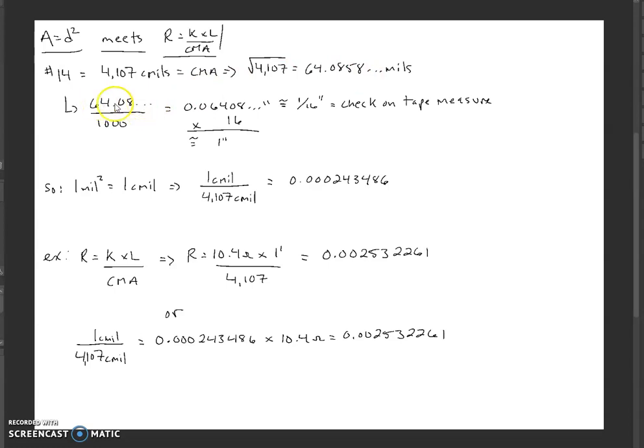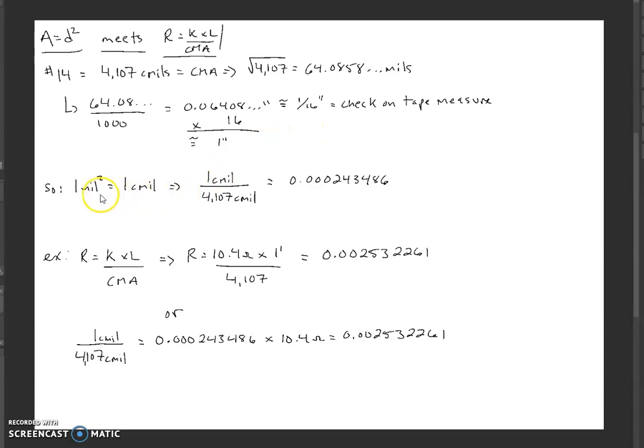Now if we take that and divide it by 1,000 to get into an inch, we have 0.0648 of an inch, which is roughly 1/16 of an inch. So if we take this number, times it by 16, you'll have roughly 1 inch. And if you check on a tape measure, and you take a number 14 gauge wire and stick it in there, you'll see it fits right in that slot from 0 to 1/16.